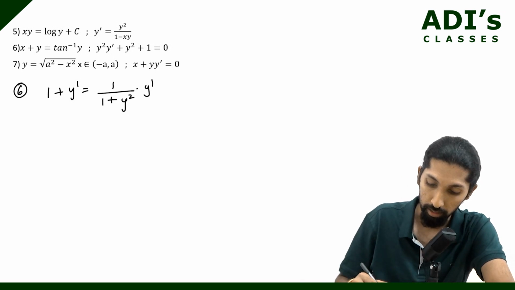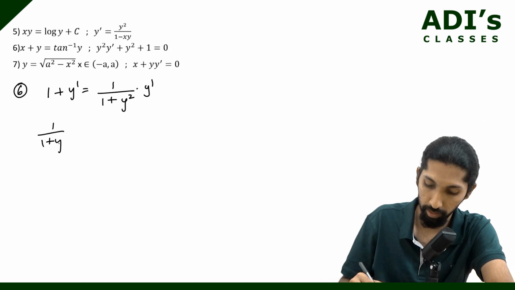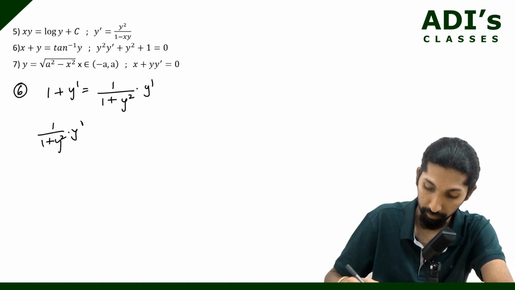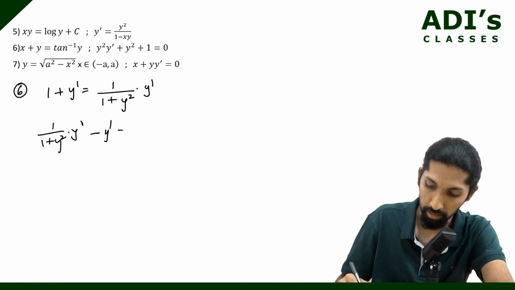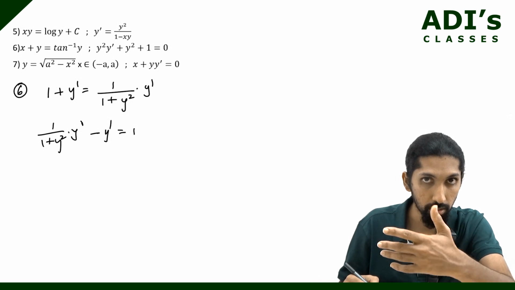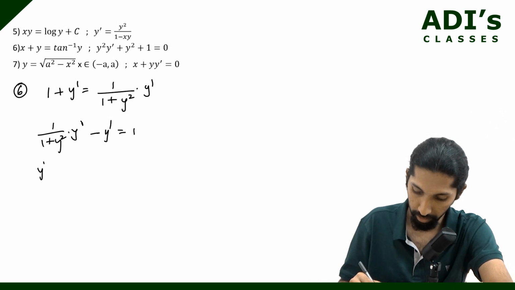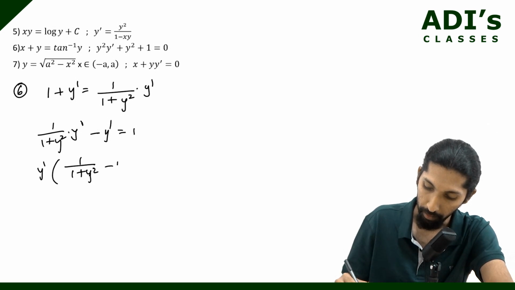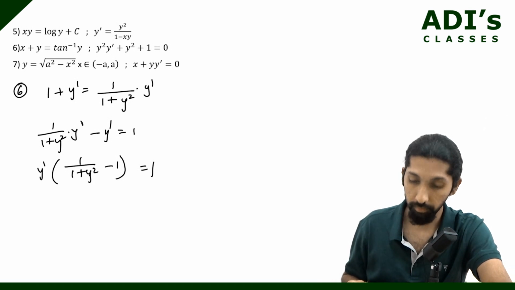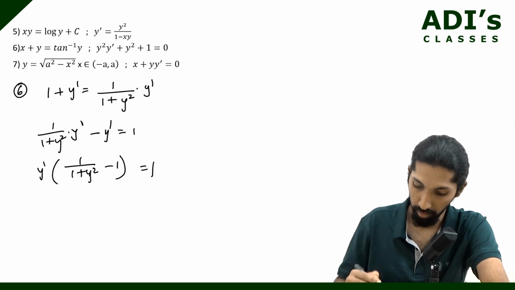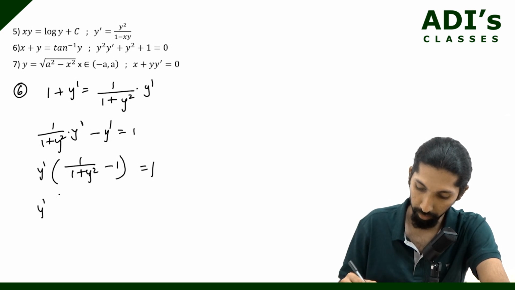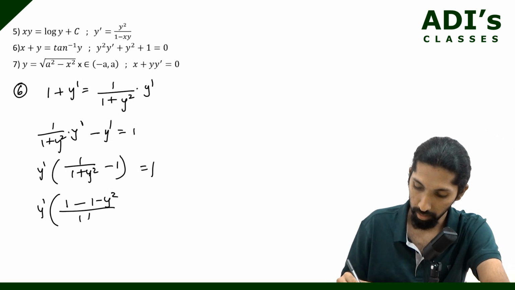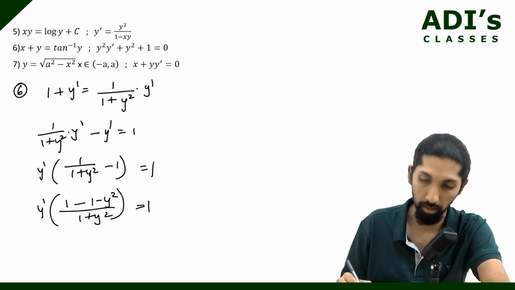You can say that 1 by 1 plus y square into y dash this part minus y dash is equal to 1. Take y dash as common. So y dash into 1 by 1 plus y square minus 1 is equal to 1. Now take LCM. You'll get y dash into 1 minus 1 minus y square by this is equal to 1.